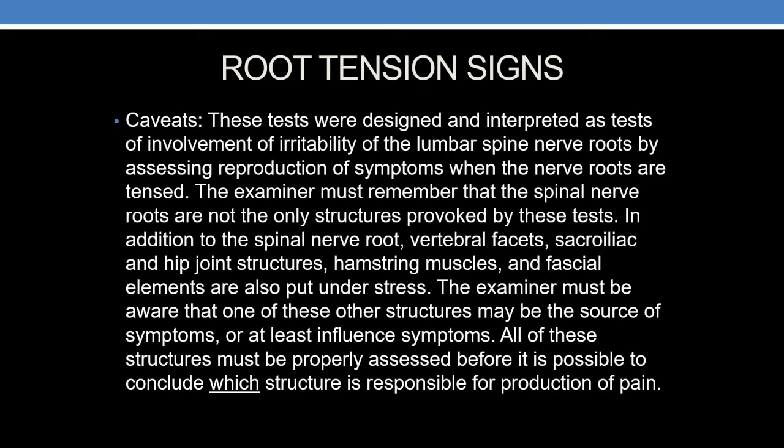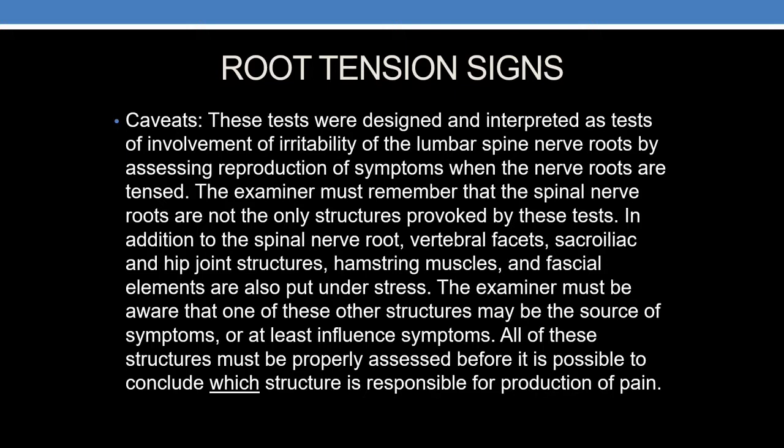But we need to remember that the spinal nerve roots are not the only structures that are provoked by these tests, and different tests will provoke different structures. So some of the additional structures that are provoked by these tests would include the vertebral facets, possibly the sacroiliac joints, possibly the hip joints, possibly the hamstring muscles, possibly the connective tissues and fascial elements, and a lot of different tissues are put under stress by these maneuvers, not just the lumbar spine nerve roots.